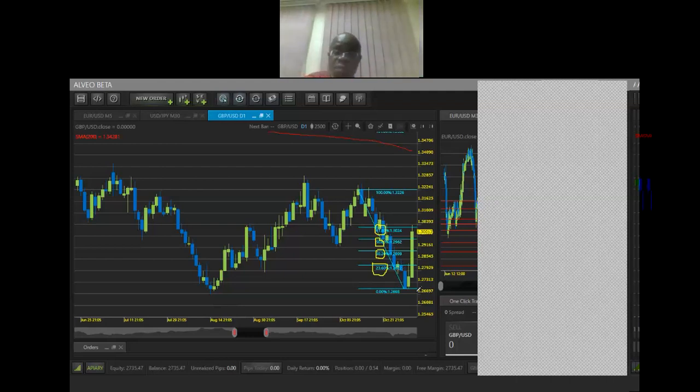Even on this trade, if I was the one trading it, I would have taken profits there, profits there, profits there, profits there. Why? Courtesy of this Fibonacci tool. So the knowledge of the Fibonacci tool is very, very critical, very, very important. The other tool, which is Fibonacci extension, works on the same principle.